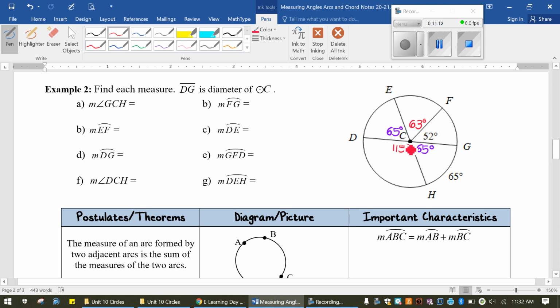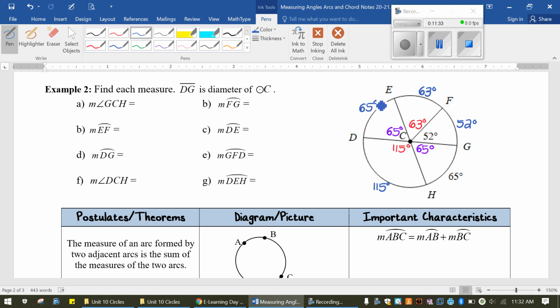So now that I have all the central angles marked, I can go ahead and mark all of the arcs with the same measures as the central angles. And once we have all of these pieces labeled, then it's easy to answer the questions A through C.